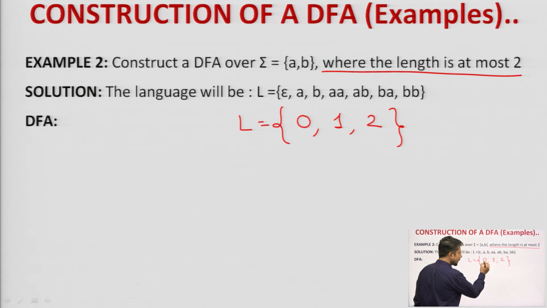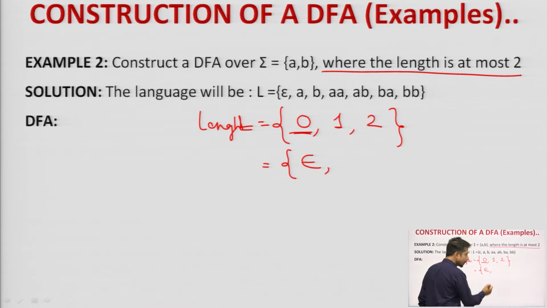So, that means if we say length equals 2, this is not the whole language, okay. If length equals 0, that means it will be epsilon. I have already mentioned this in the previous video. If length equals 1, then it will be A and single B, only 1 element in the string.